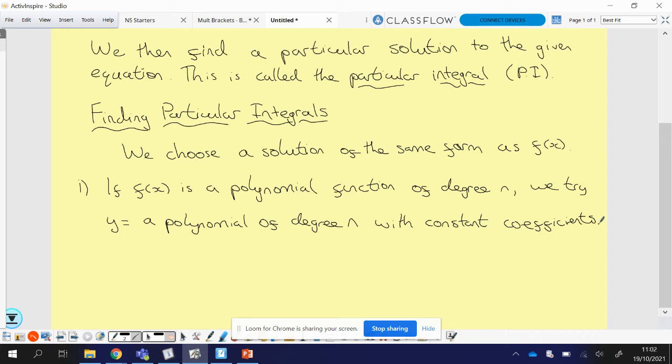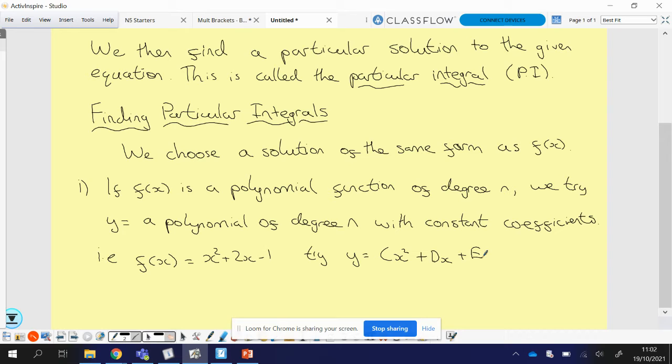An example would be if we had the function f of x equals x squared plus 2x minus 1 on the right hand side of our equation. Then we would try our y function to be something with the same power, so cx squared plus dx plus e, with c, d, and e being constant coefficients.